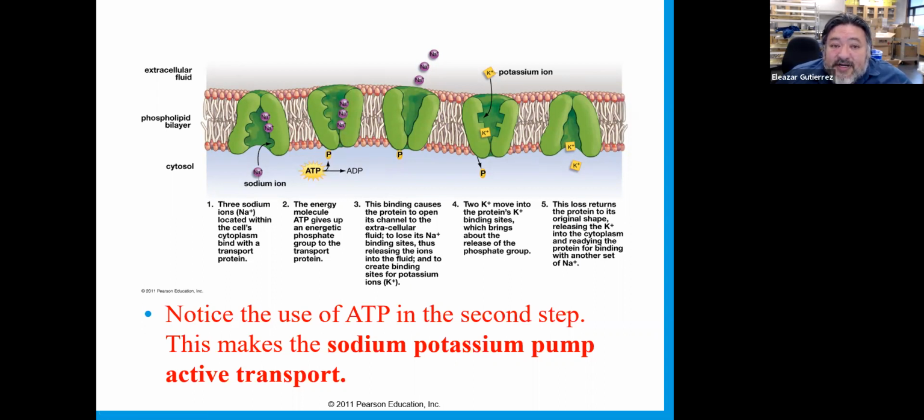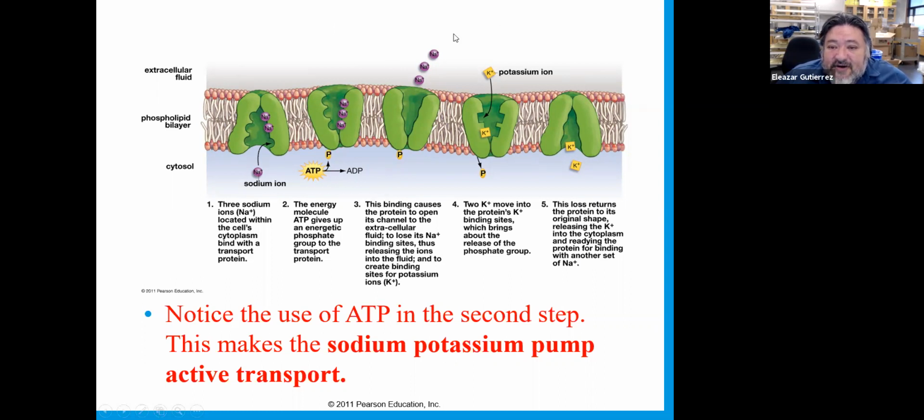Now, as we have said so many times, active transport means that we're moving solutes from an area of low concentration to an area of high concentration. So what this means is that there's more sodium out here than there is inside. And we're continuing to pump sodium out. Okay? So the sodium goes out.